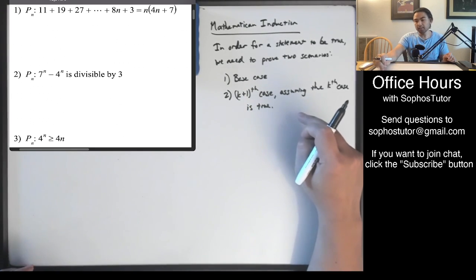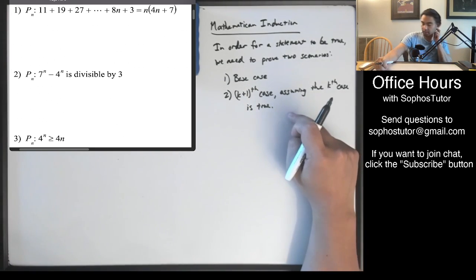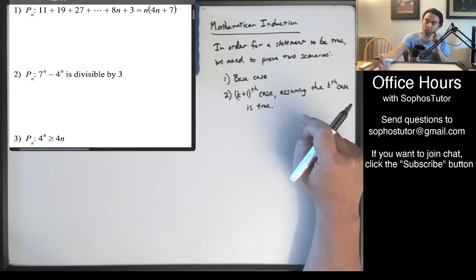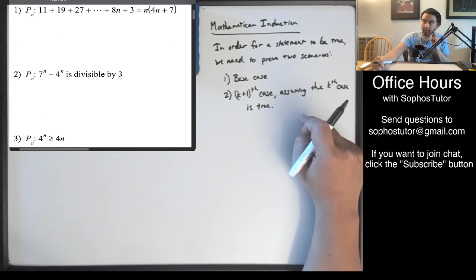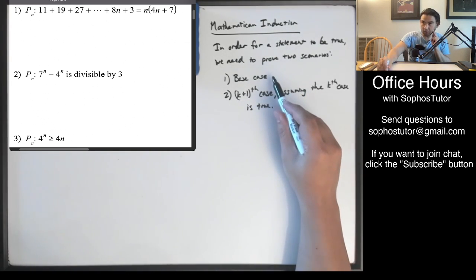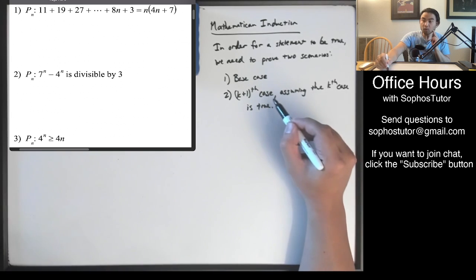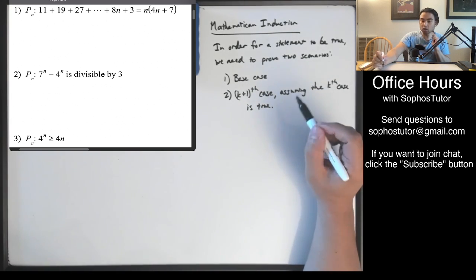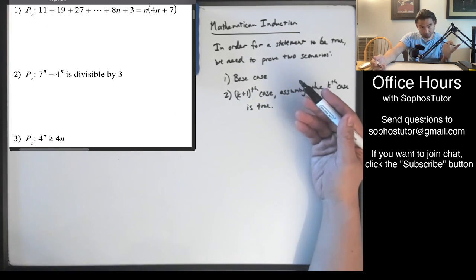Now, this second scenario might seem a little strange, but what it's really trying to say is that if you know that the first statement is true and that you can prove that future statements are true, then we can assume that the entire statement is true.